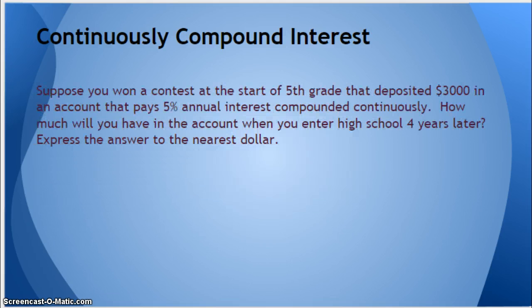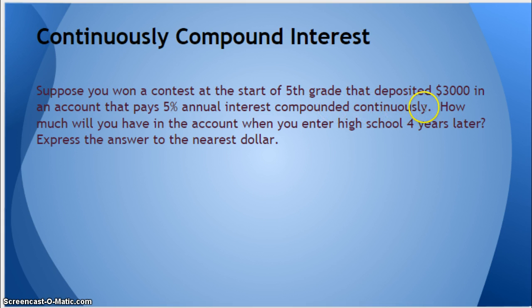Let's look at this example. This is one example in your handout. Suppose you won a contest at the start of 5th grade that deposited $3,000 in an account that pays 5% annual interest compounded continuously. The words compounded continuously are important.